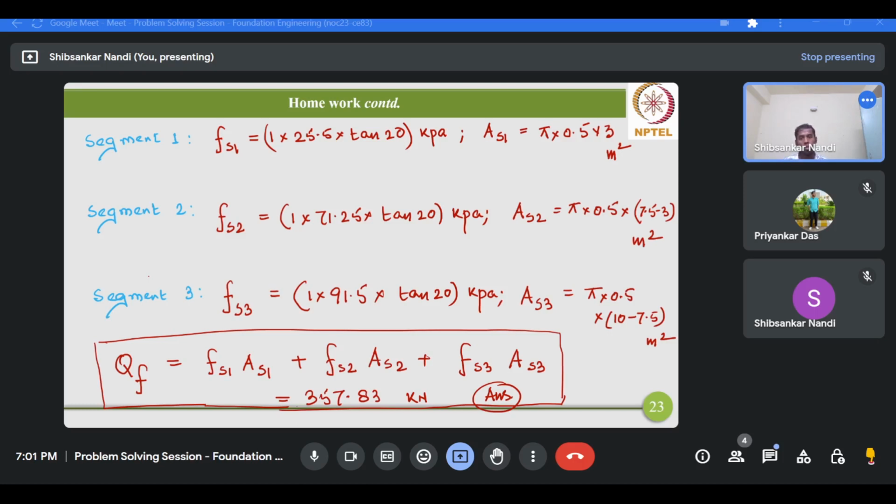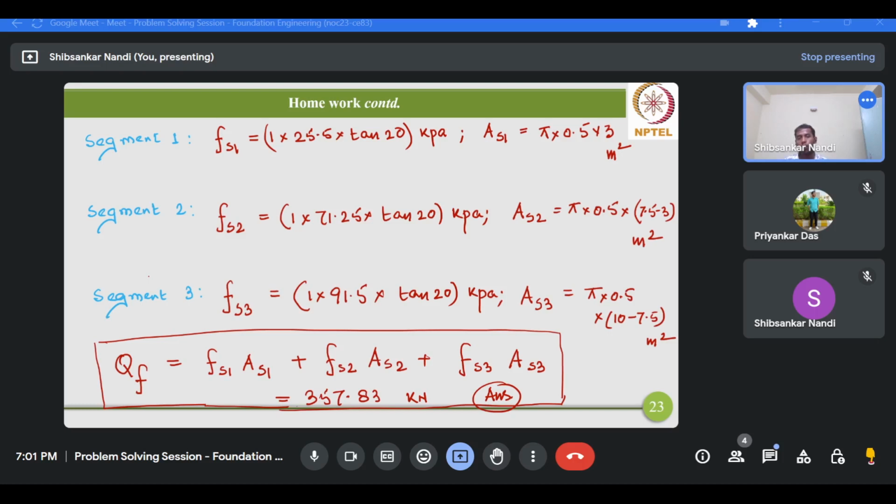We just have to report the safe load carrying capacity using Tomlinson's method. We have also discussed that if these factors like earth pressure coefficient, bearing capacity factor, and the delta value are not given directly, then we can determine these parameters through some tables given in the literature.